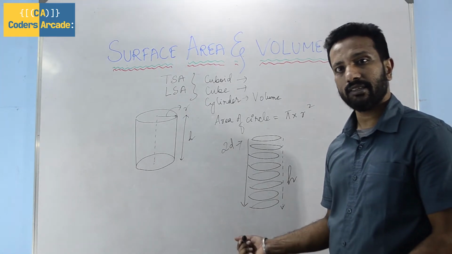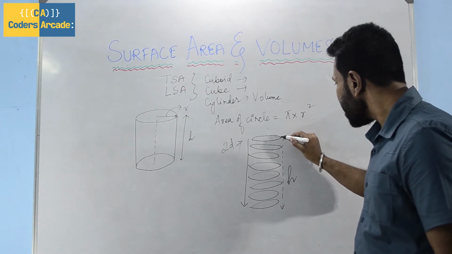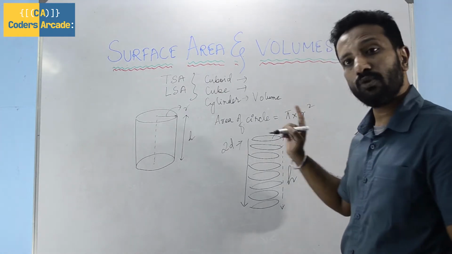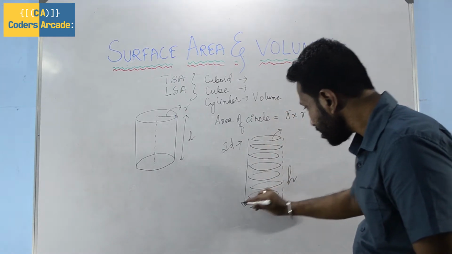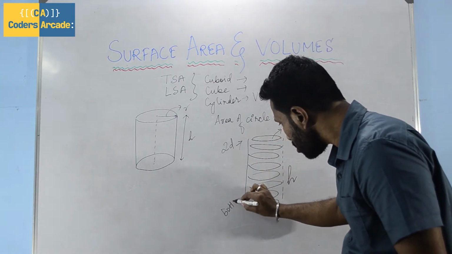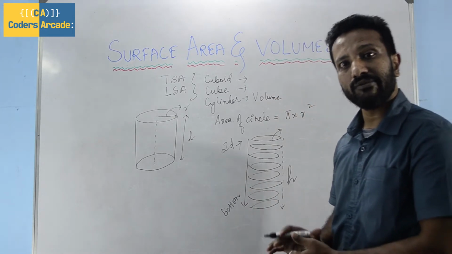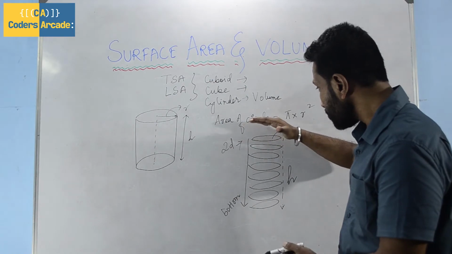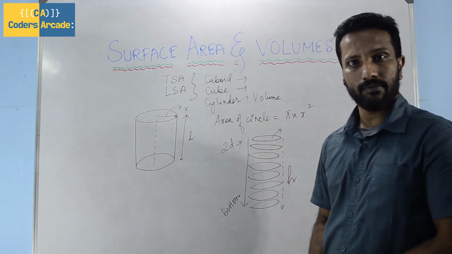So when we multiply the area of this single 2D shape, and keep on going like this till the bottom, we will have covered the entire space occupied by this object.